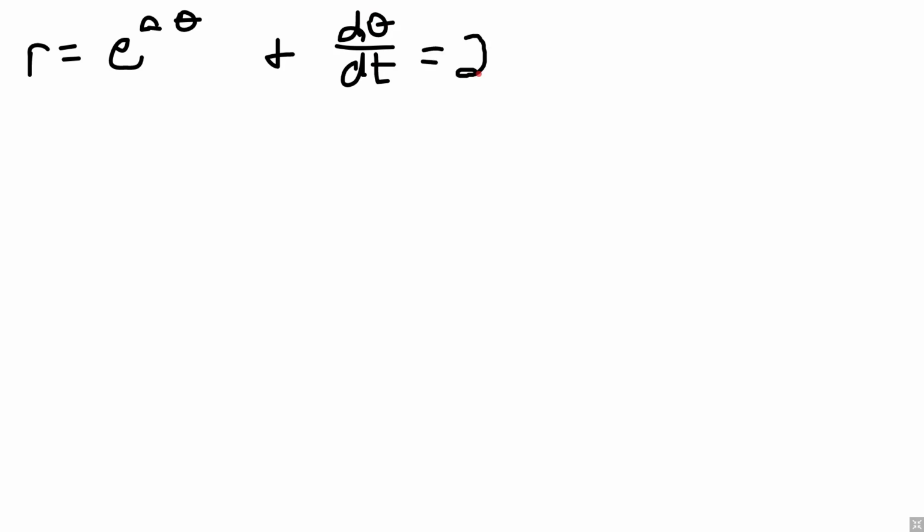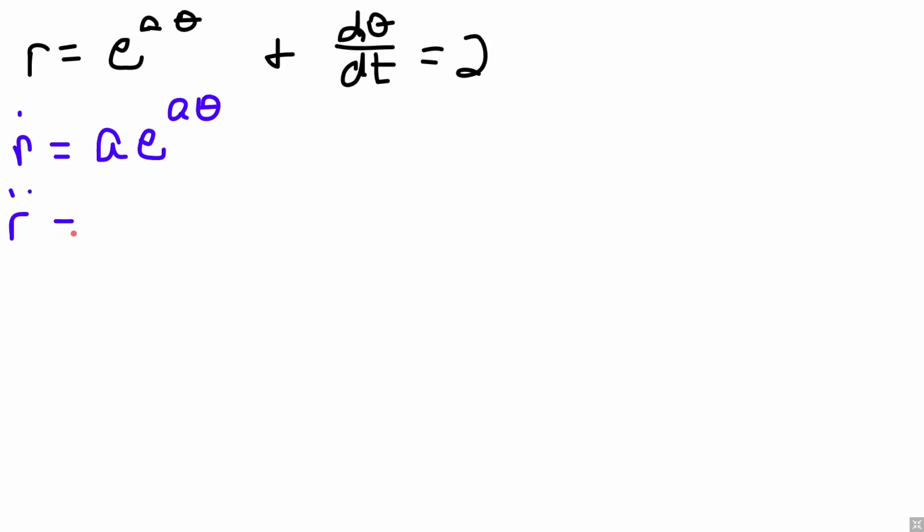All right, so for that question, we were told that r is equal to e to the a theta, and d theta dt is equal to 2. Okay, so if we find r dot, that's going to be a e to the a theta.